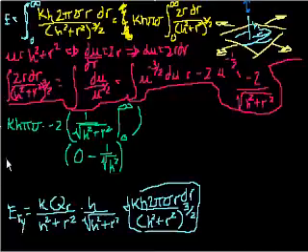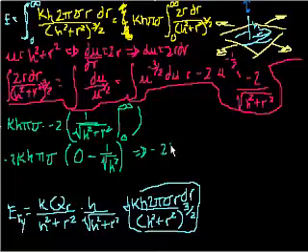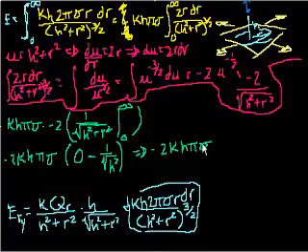So let's write it all out. This becomes minus 2k h pi sigma times 0 minus 1 over the square root of h squared. Well, this equals minus 2k h pi sigma times, well, 1 over the square root of h squared, that's just 1 over h, right?